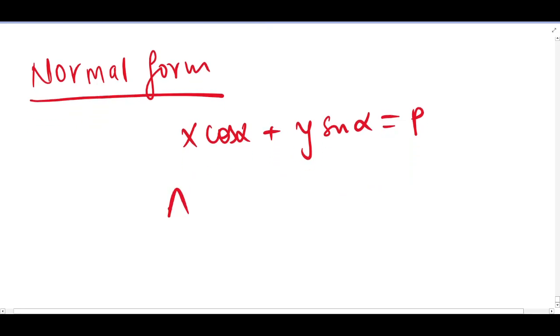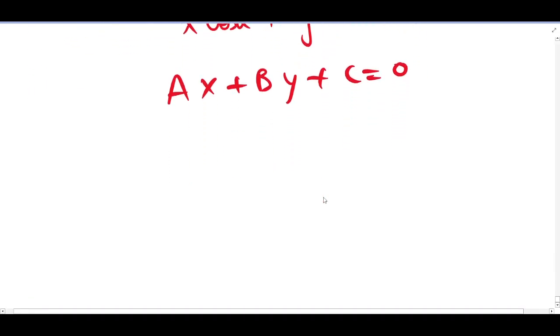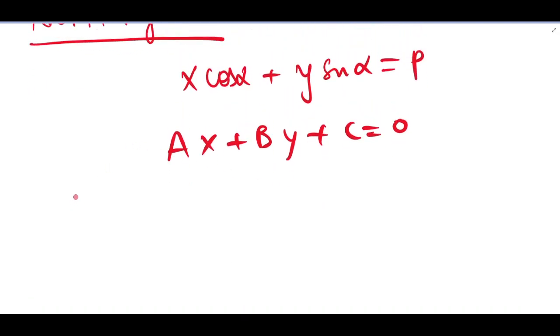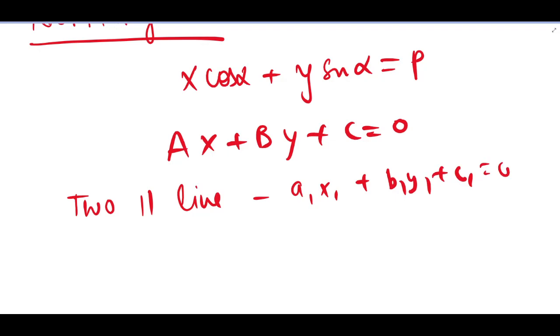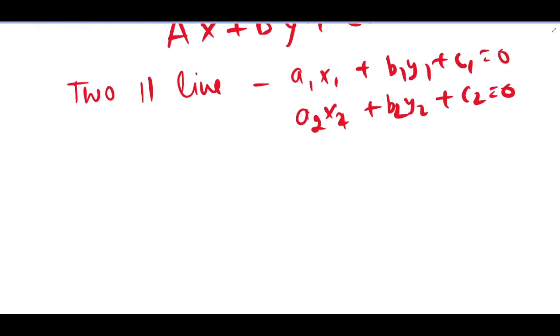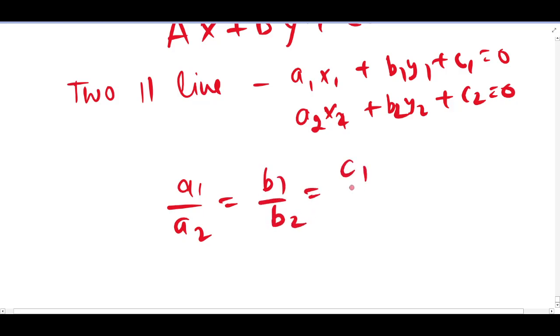So if we consider a line ax plus by plus c equal to 0, and from the condition of two parallel lines such as a1 x plus b1 y plus c1 equal to 0 and a2 x plus b2 y plus c2 is equal to 0, if two lines are parallel, then a1 by a2 is equal to b1 by b2 is equal to c1 by c2.